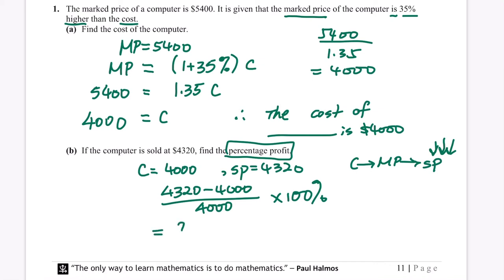So here you should be able to get 8%. Remember, when you click calculator, do not click this percentage sign, because in the answer you need the percentage. So do not click it, or else you will not get 8. You will be getting 0.08, which is wrong. So remember to have this one.